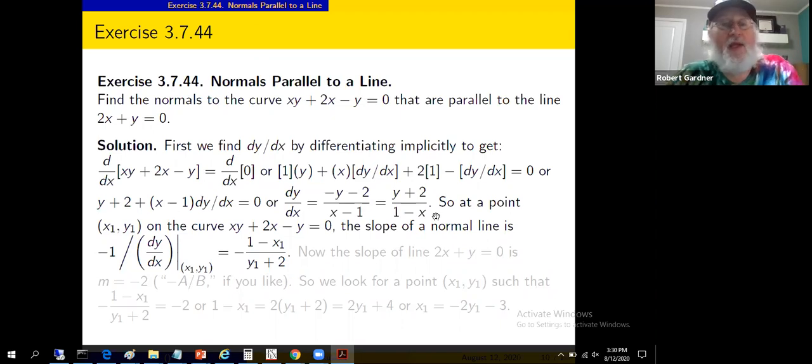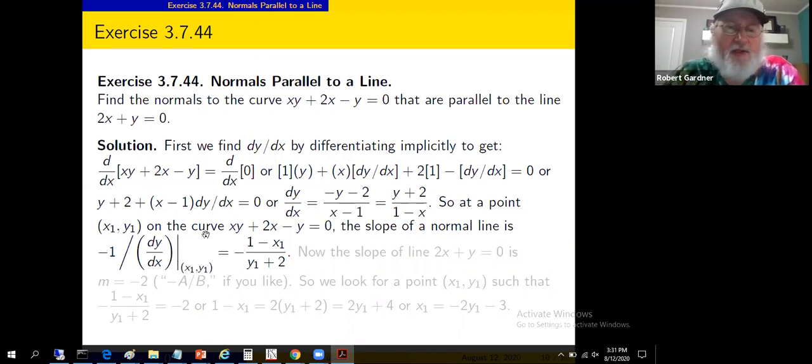So at some point x1, y1 on the curve, xy plus 2x minus y equals 0, the slope of the normal line is negative 1 over the derivative evaluated at x1, y1. The derivative evaluated at x1, y1 is the slope of the tangent line. Negative 1 over that is the slope of the normal line, and we're interested in normal lines.